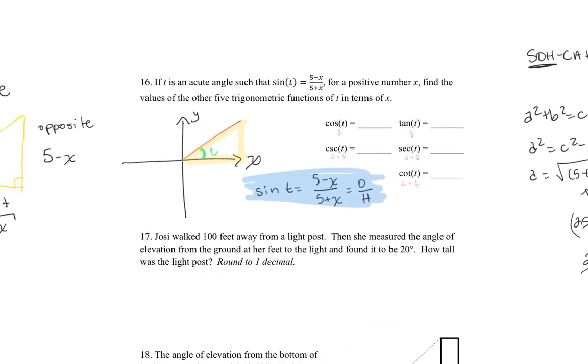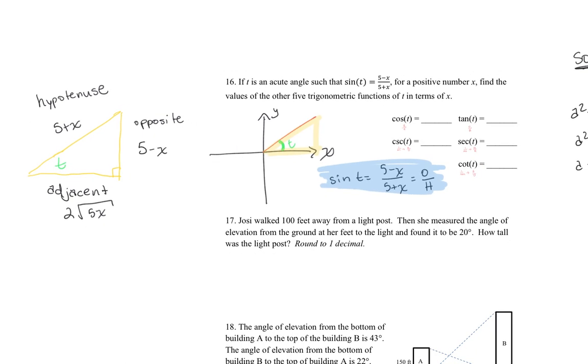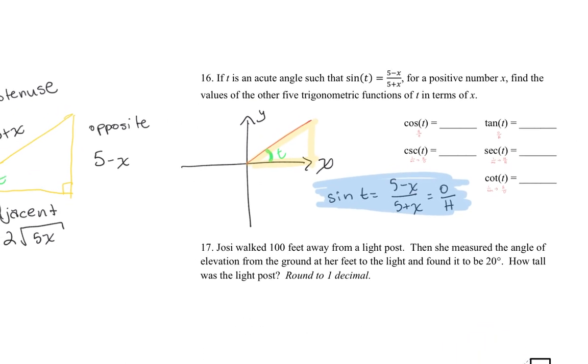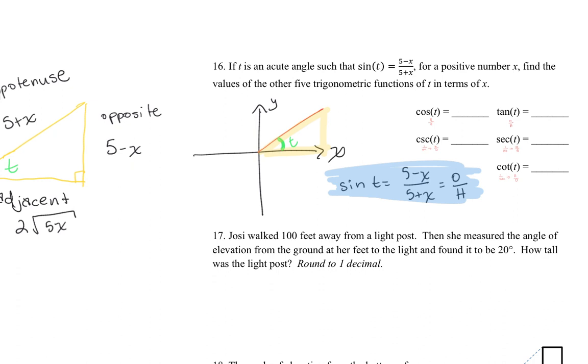So knowing all of that and knowing our little lovely triangle here, we can go ahead and put all of these on there. So cosine is our adjacent, 2 square root 5x, over our hypotenuse, 5 plus x. Simple enough. Alrighty, so cosecant is hypotenuse over opposite, so 5 plus x over 5 minus x, which checks out because that is the inverse of what we started here.